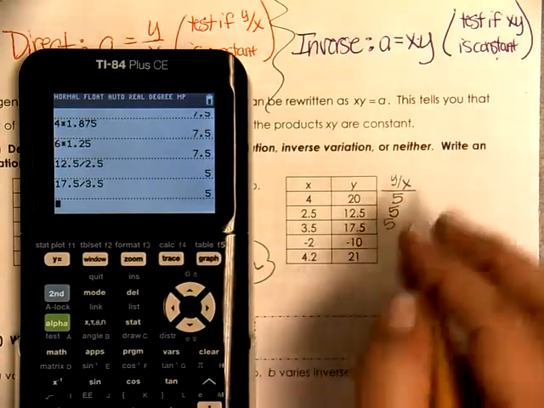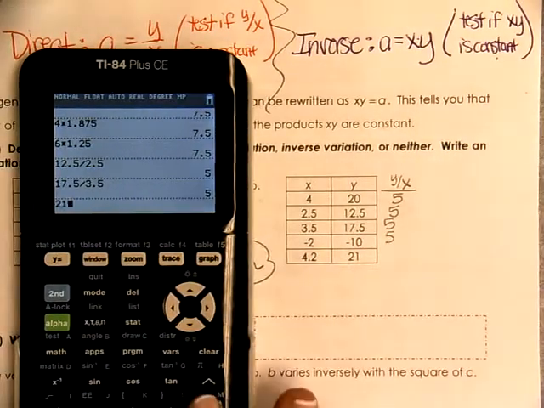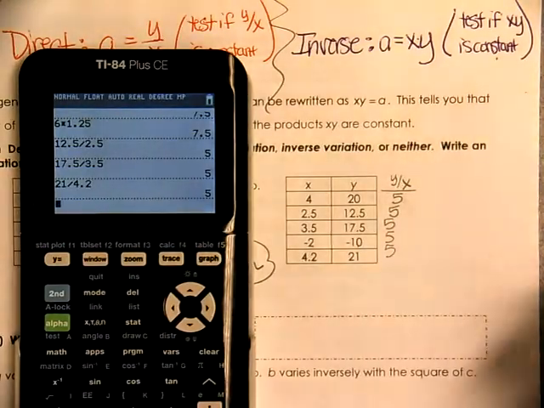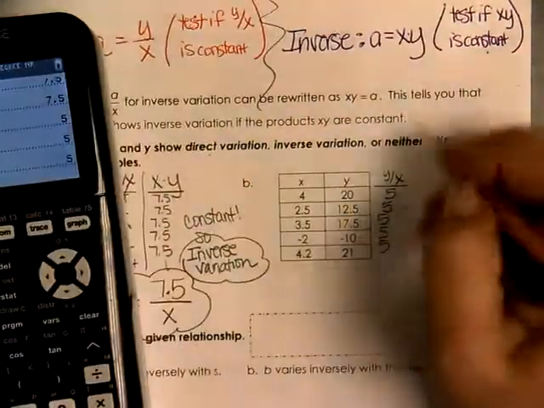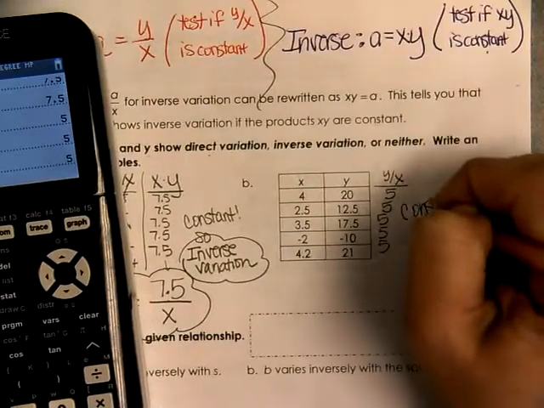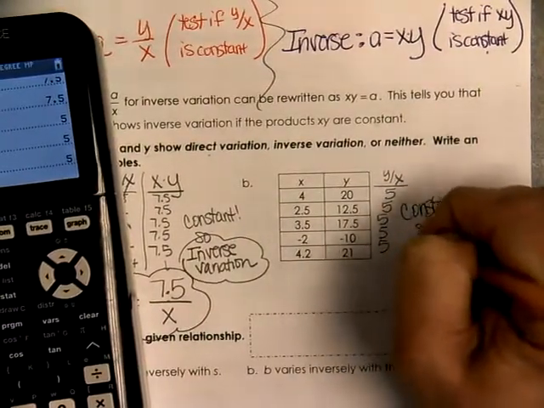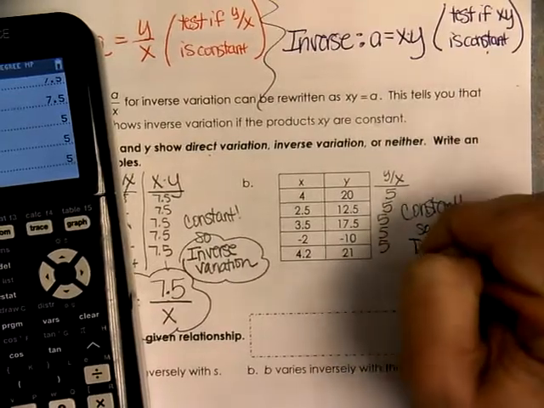I know negative 10 divided by negative 2 is 5. 21 divided by 4.2 is 5. Notice that this is constant. So since y over x is constant, that means that it's direct variation.